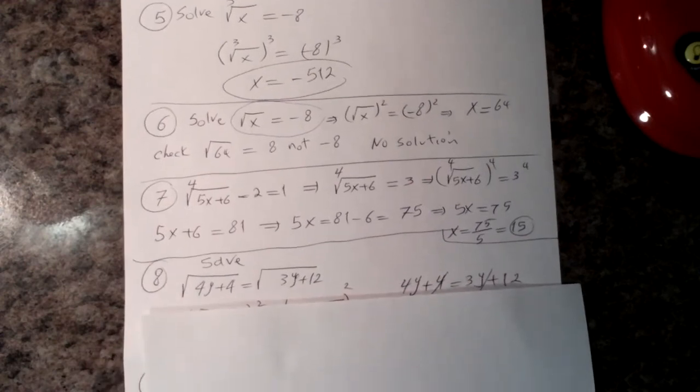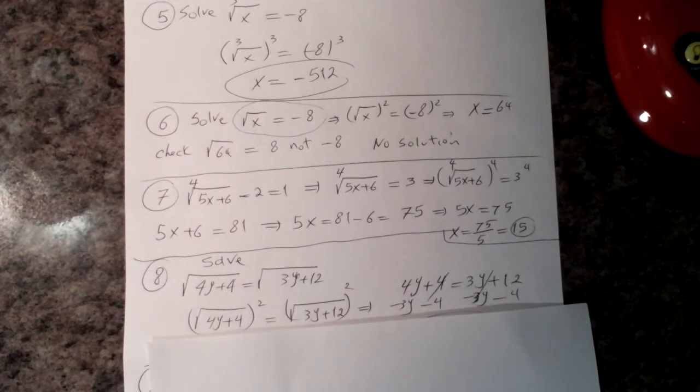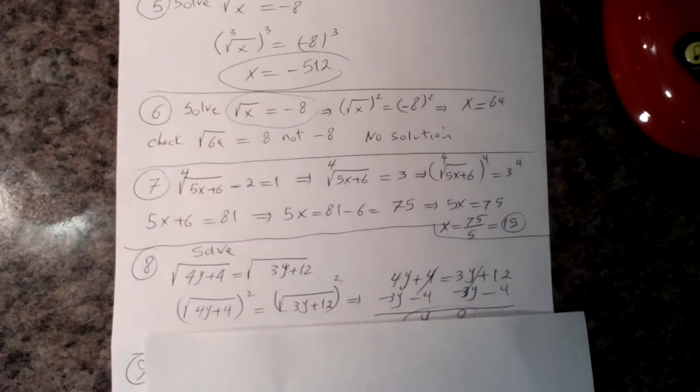You have a radical on each side. Okay, raise both sides to the power of 2. Both radicals are removed.